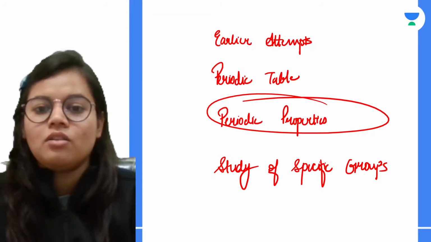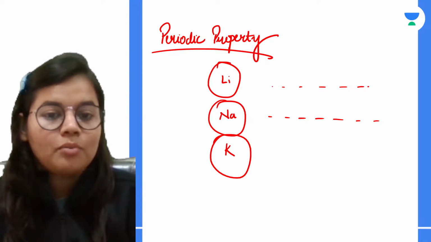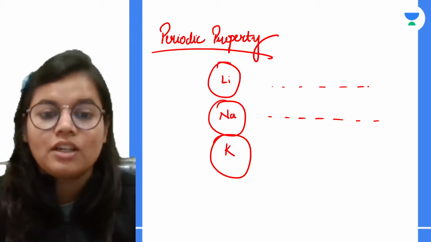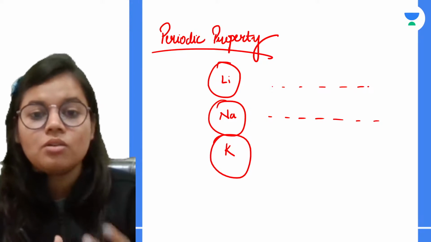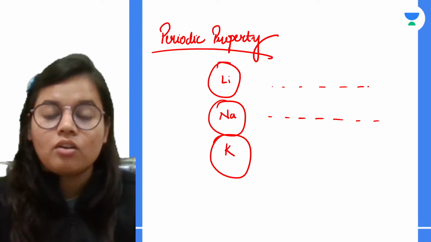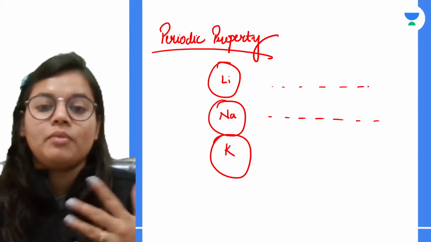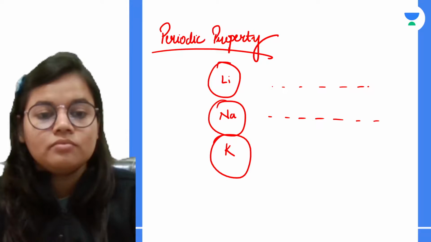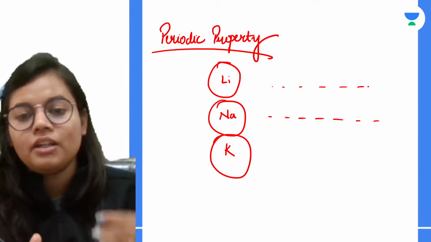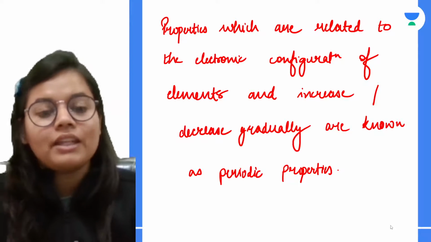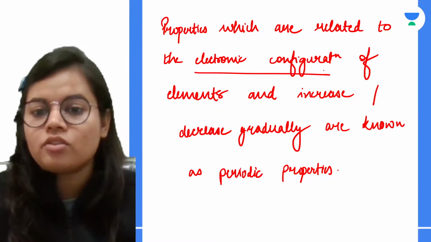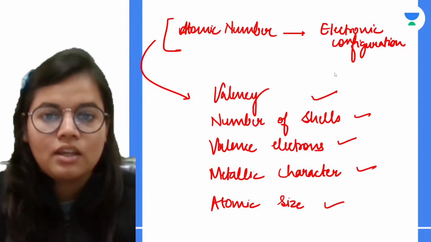First, what do we mean by periodic property? Periodic properties are those which show a continuous change as we move across a period or down a group, and they show either a decrement, an increment, or stay constant in some cases. They are related to the electronic configuration.